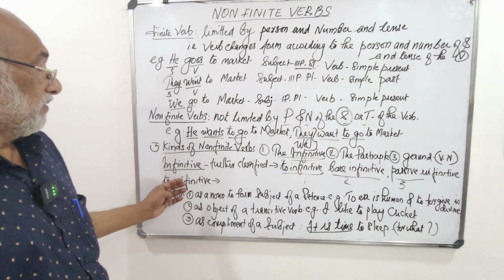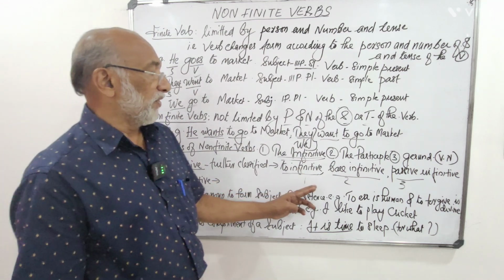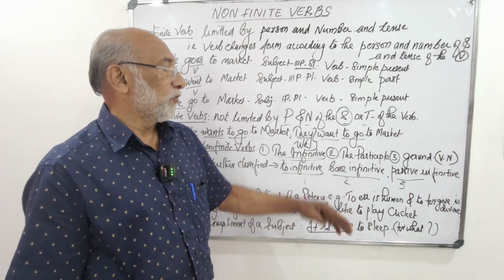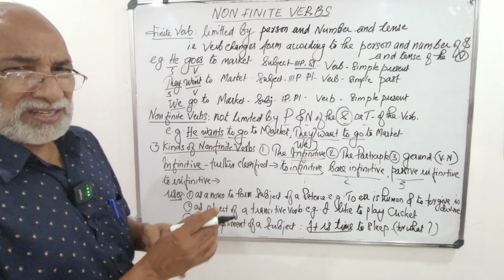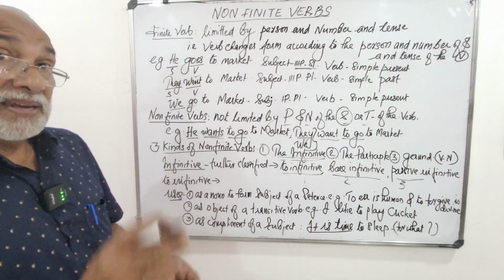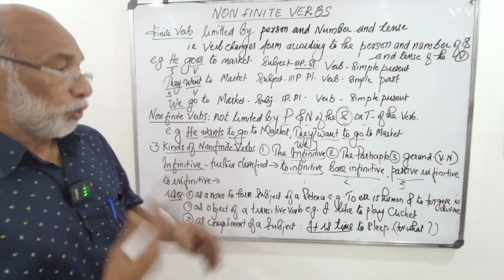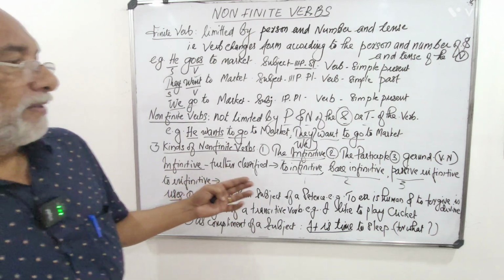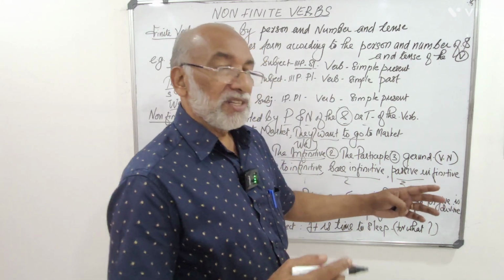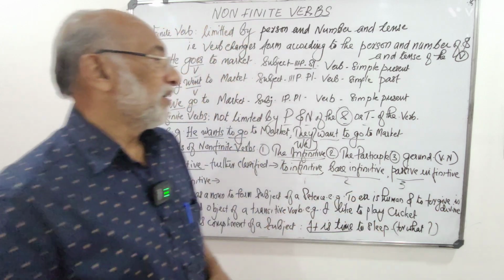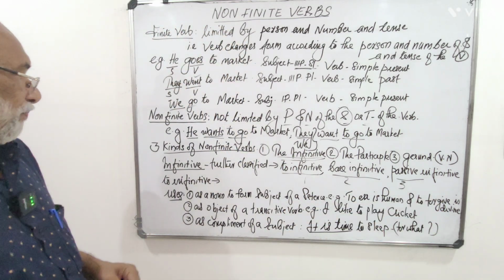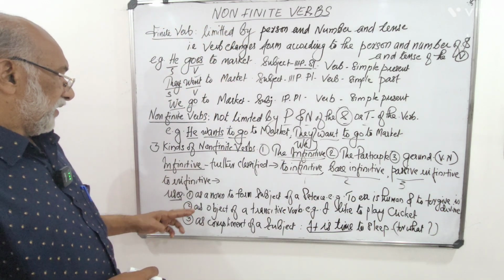To infinitive means to plus verb. Bare infinitive means infinitive used without to, bare. Then passive infinitive means the passive form of the verb is used to form the infinitive.